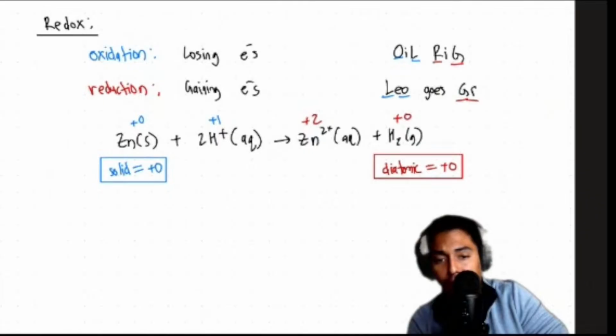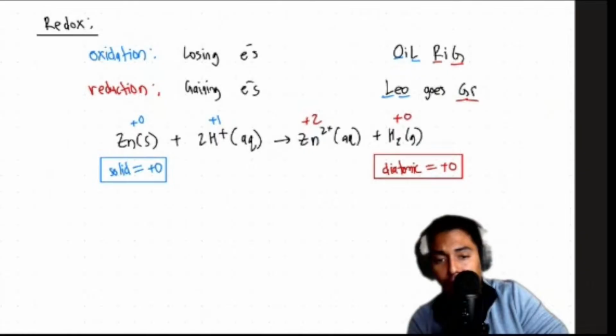So as we can see, Zn solid is +0 currently here, and then it's going to +2. So if it's going from +0 to +2, is it gaining electrons or is it losing electrons? Similarly, from +1 to +0, is this gaining electrons or losing electrons? Very good.